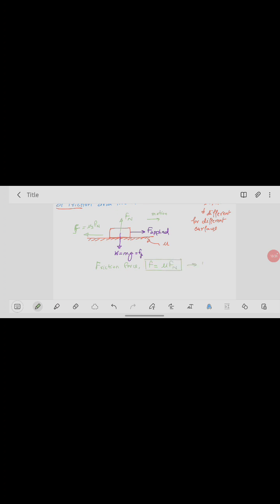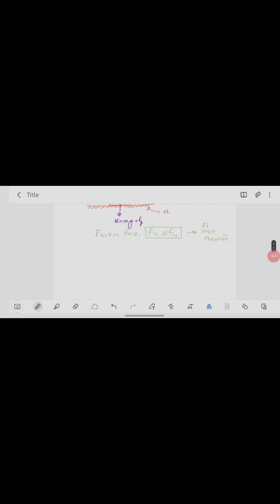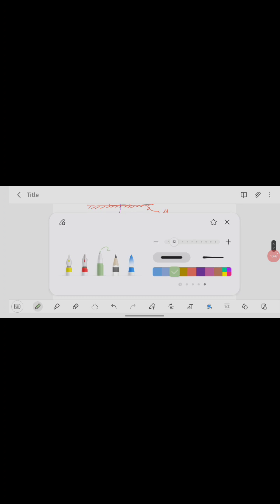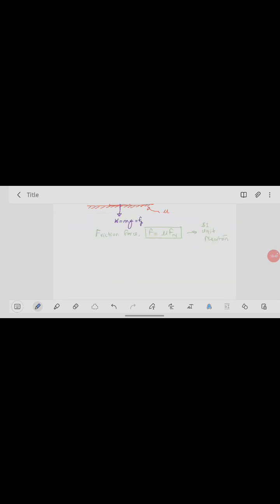This is the formula, and the SI unit of force is Newton. Correct. Now here you can relate two situations. What are the two situations? This friction force can be static or kinetic.